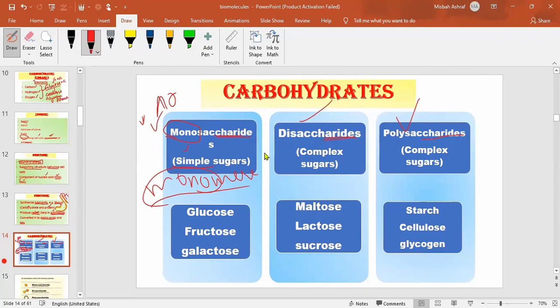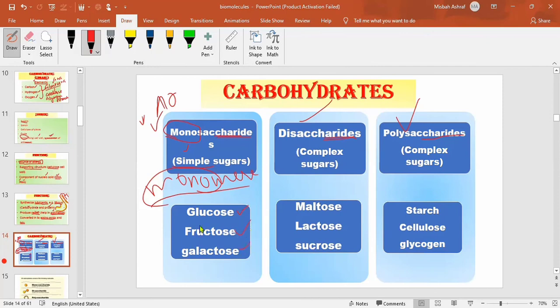Saccharides are the carbohydrates. Monomer is general; you can use it for proteins or carbohydrates, but if you have to specify carbohydrates, then we use monosaccharides. These are also known as the simple sugars, and examples of monosaccharides are glucose, fructose, and galactose.